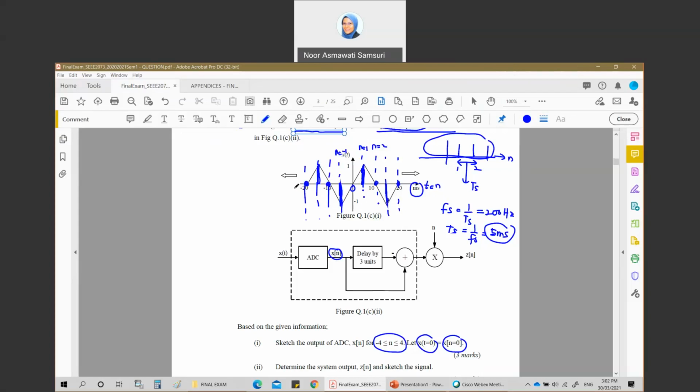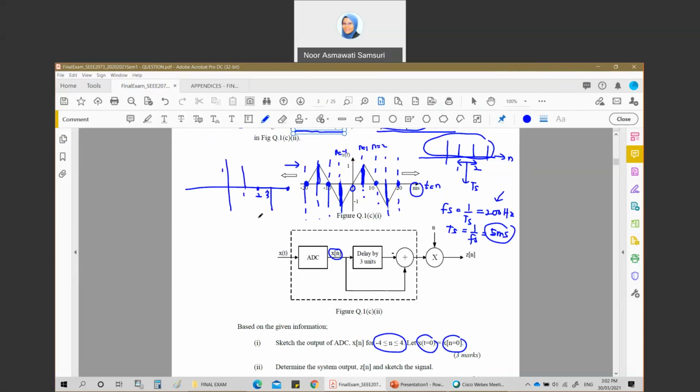Okay, so the first step is to calculate the separation. Next is to map the discrete signal to the amplitude of your analog signal. And lastly, write down or sketch your answer. So these are the steps taken, okay? 0, and then you have the magnitude is 1, and then you have 0, when n equal to 1, 2, at 3 is negative, and then at 4 is 0 again.